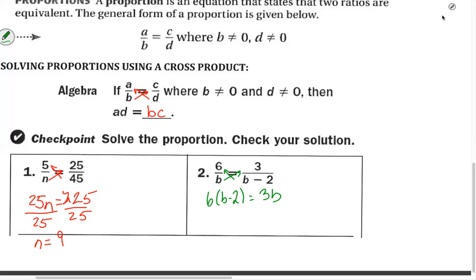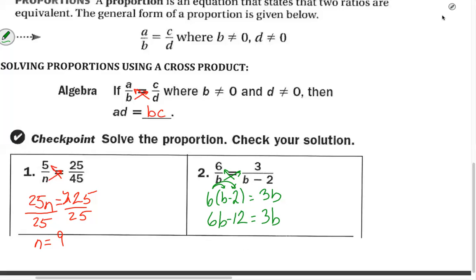All right. So we're going to distribute that 6 inside. So we have 6B minus 6 equals 3B. 6B minus what, Herman? Sorry, 12. 6B minus 12.